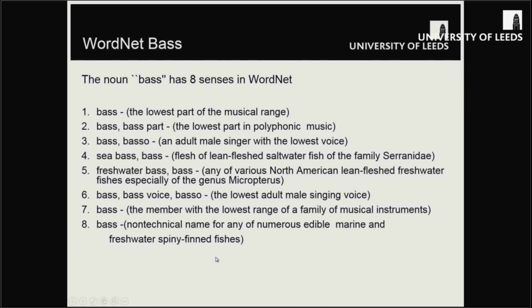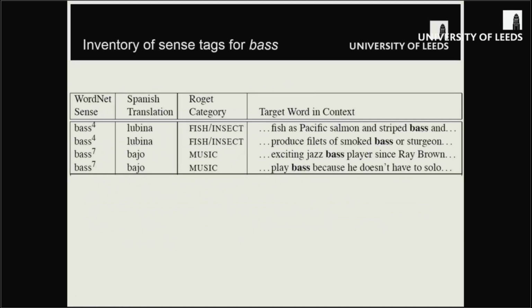If you're a musician, then maybe these are important differences. But if you're doing machine translation, then all that matters is what the different words are in the target language. So, for example, translating into Spanish, the various fish senses of bass are translated as lubina, and the various musical senses of bass are translated as bajo.